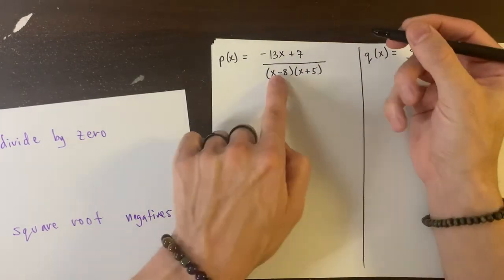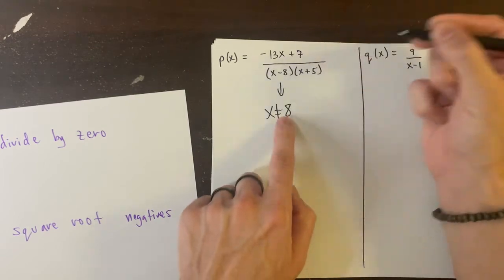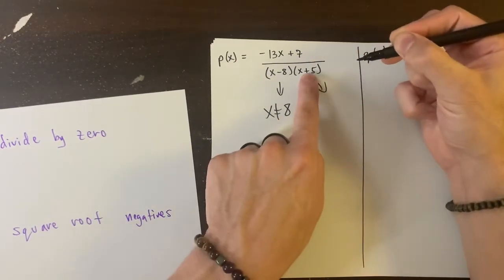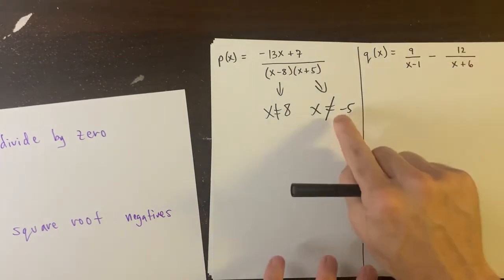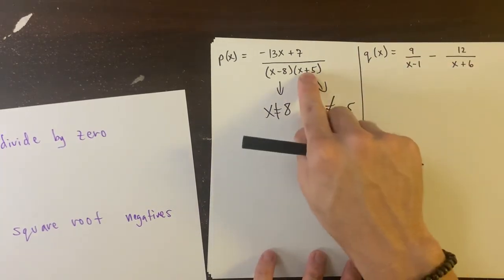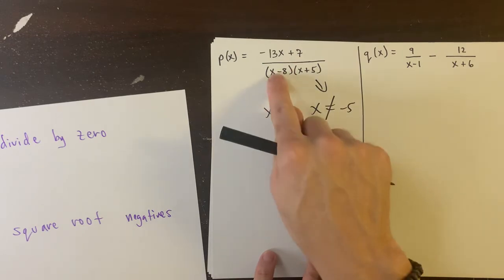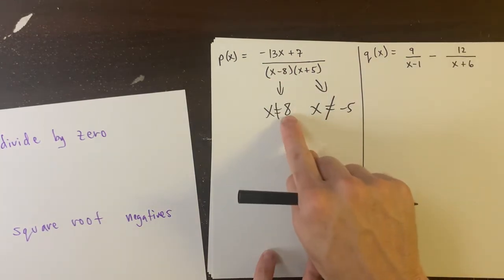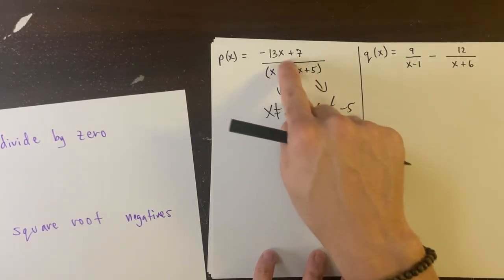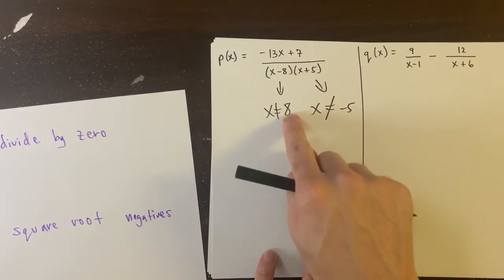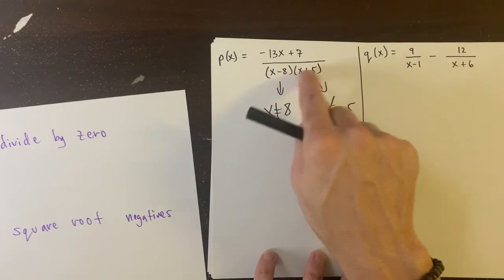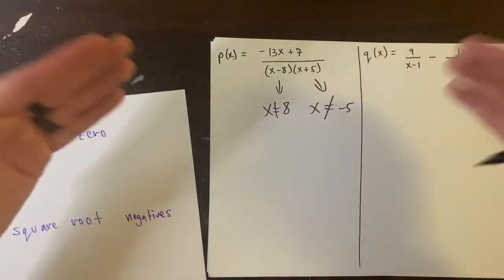This should tell us that x cannot be +8. This is telling us that x cannot equal -5 because if you put -5 there, it's bad. If you put 8 there, it's bad. Notice that 8 is okay here and it's okay there, but 8 is bad there. So as long as a number is bad in any one location, overall, it would be bad, bad, bad.